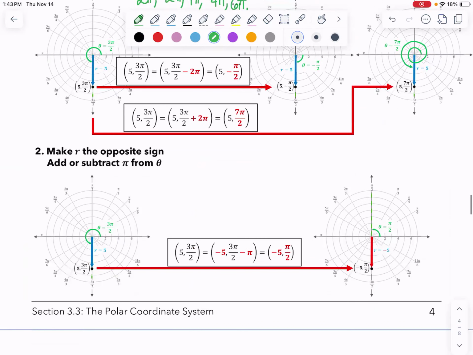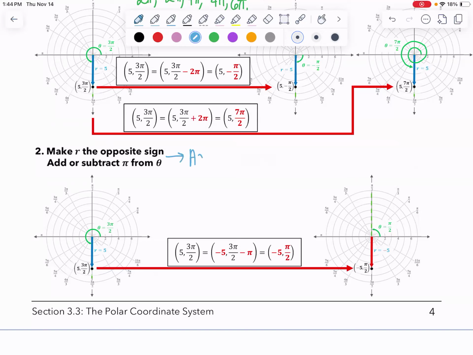And on the other side, when you make r the opposite sign and you're adding or subtracting pi, really what it ends up being is any odd multiple of pi. Because adding or subtracting an odd multiple of pi means you're going to be adding pi, and now it's an even number, and then you're making a coterminal angle.